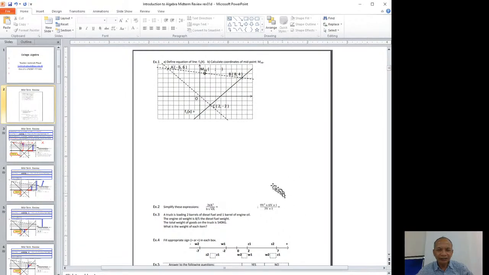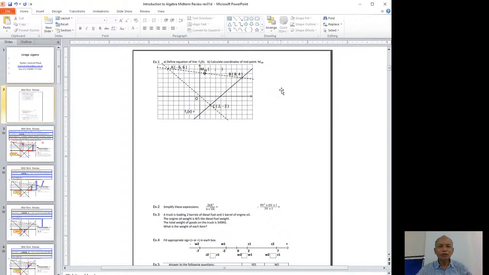There will be 11 versions of this midterm exam paper. So if there are 30 students, then 30 divided by 11, maybe three persons per version.